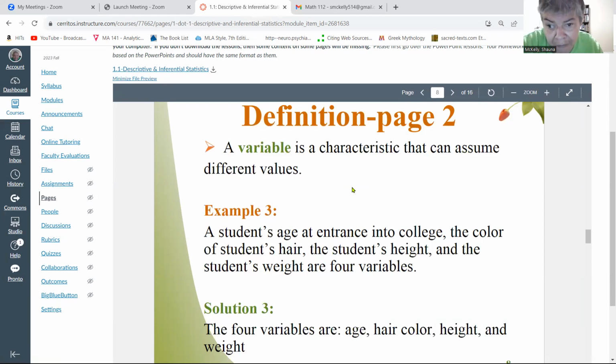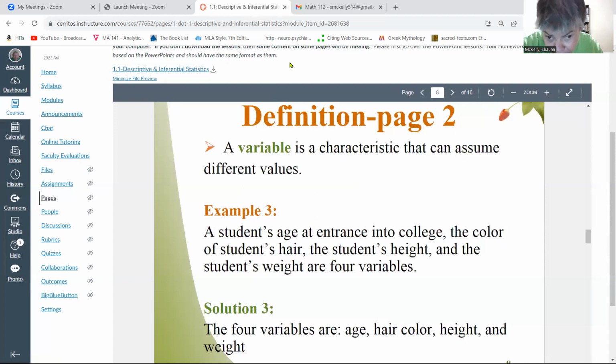Or we can have numerical, or what's called quantitative with an N, quantitative data. That gets more into 1.2, but that is part of what's going on here. So there are examples of variables for you there.